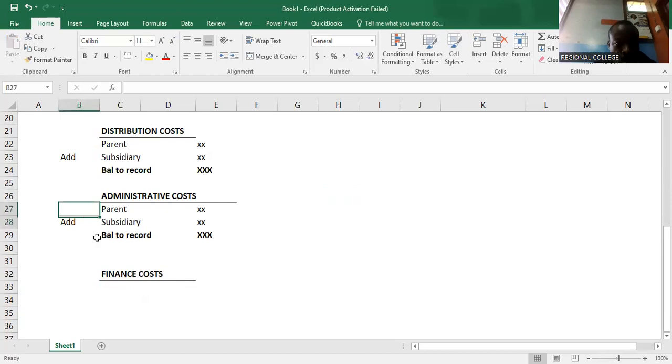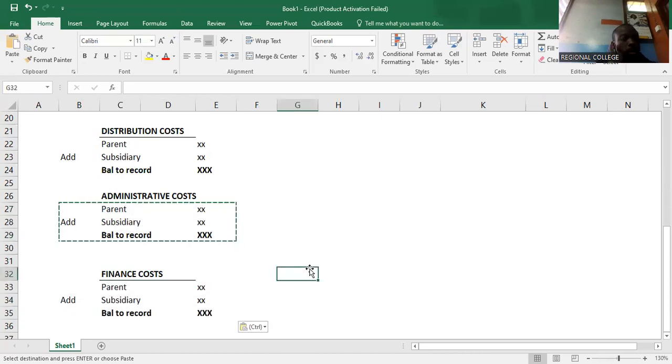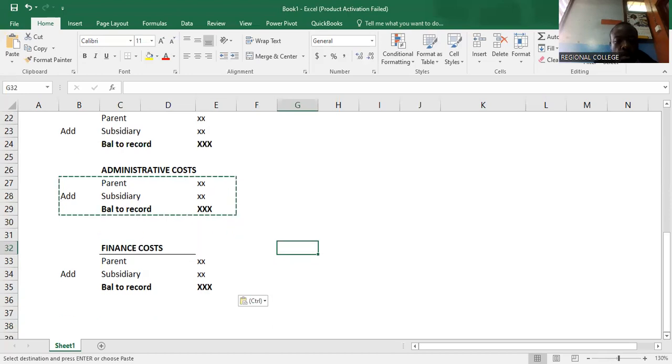You combine them together. That gives you the value of your finance cost, so that now you can get your profit before tax.